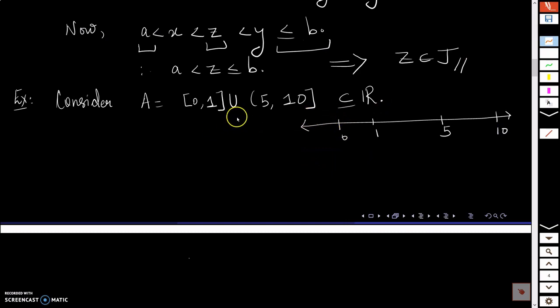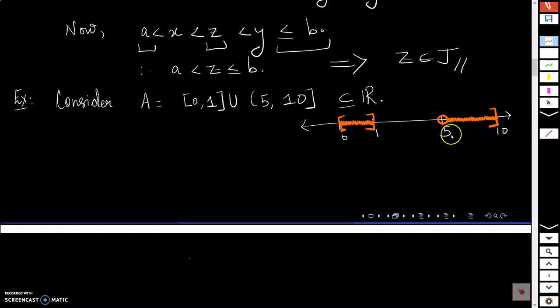So 0 and 1 both are included, it's a closed interval. So 0 is included, 1 is included, and everything between 0 and 1 is also included. This is the first half. Second half is 5 is not included, but everything after 5 is included, and 10 is also included.